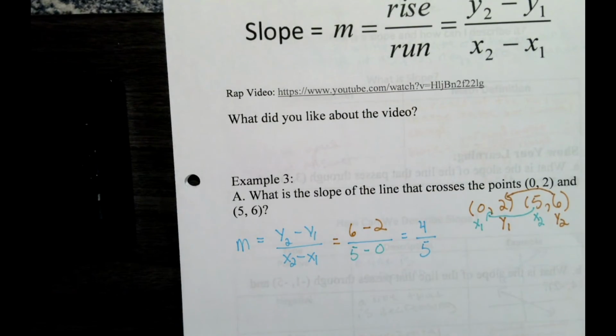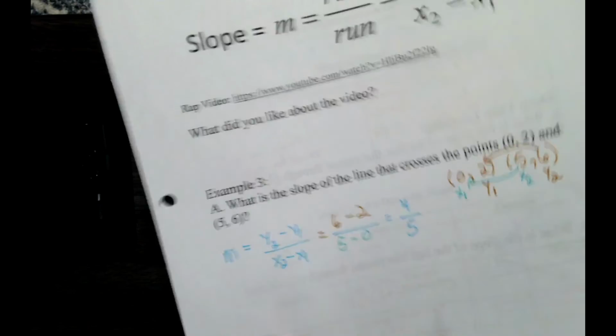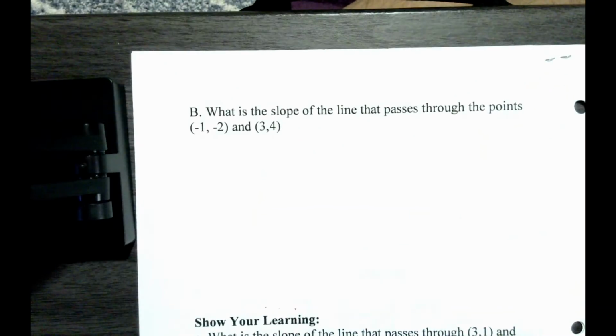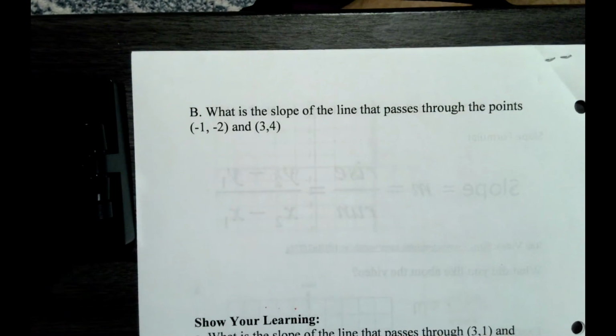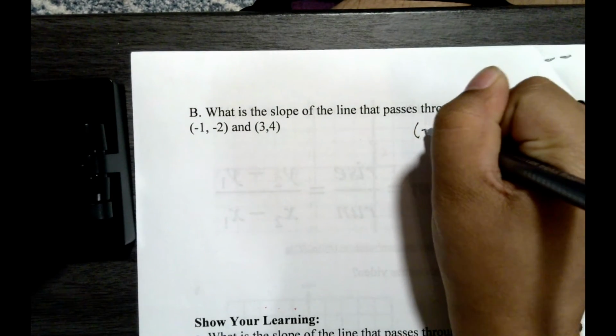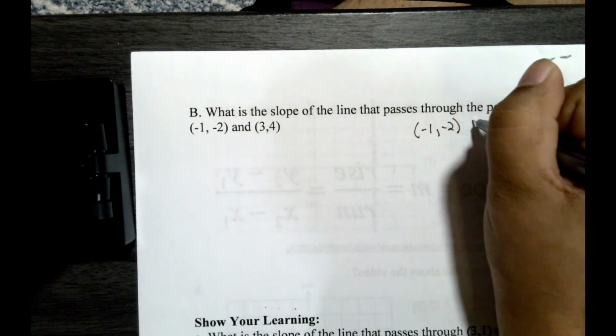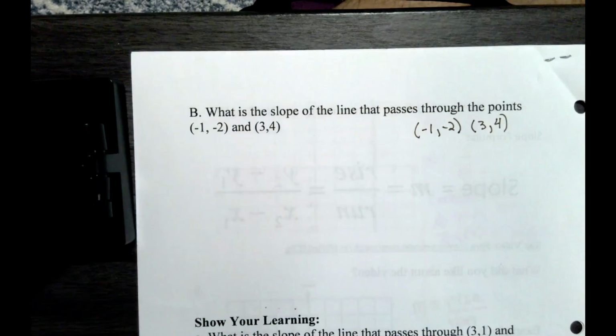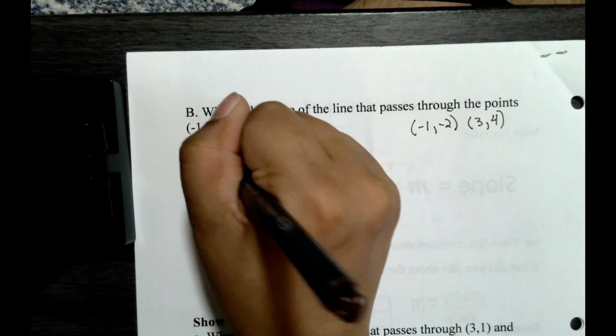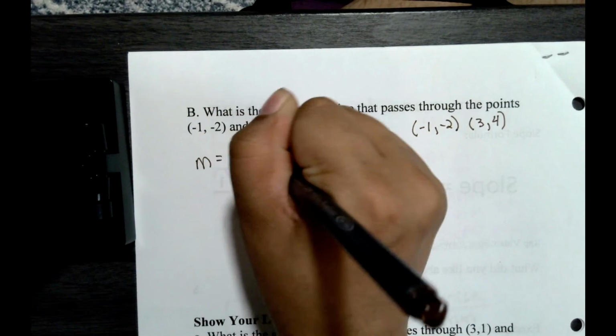Our slope formula, m equals y2 minus y1 over x2 minus x1. So, do the first one. We're going to end up with 4 minus -2. So remember, if they are negative, we need to put them in parentheses. We need to know that that's a -2 that we're subtracting. This minus doesn't go away.